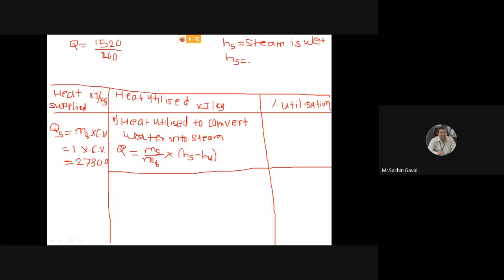Saurabh Pawar, how to calculate the enthalpy of wet steam? Suhas, tell us. HF plus X HFG. HF plus X HFG. Okay. To record HF and HFG.